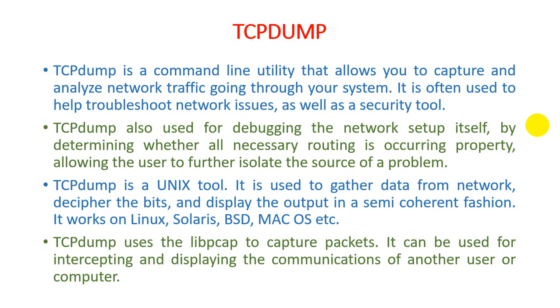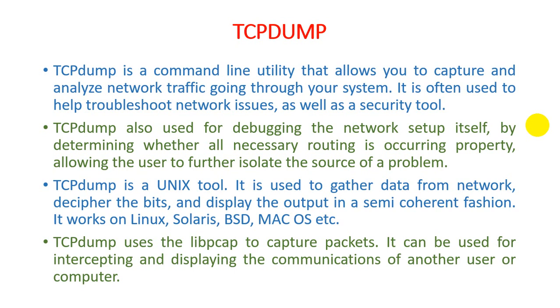The functionality is to capture packets, and after capturing packets it provides all the features which should be available on a network: the path of networks, the different ways to send and receive a particular packet, total delay time, the information, the security purposes, and all the things you should know at the level of security. So TCPdump also performs this kind of functionality and features on the Unix operating system.